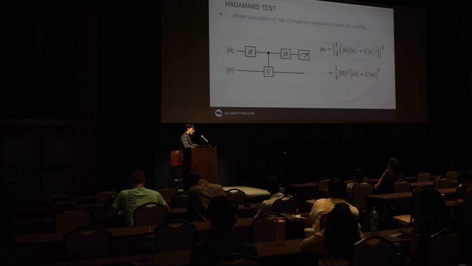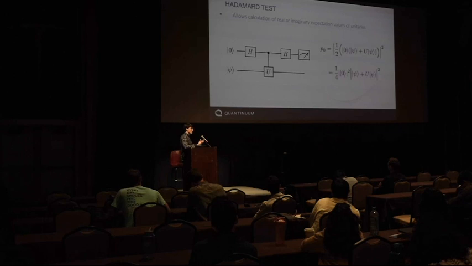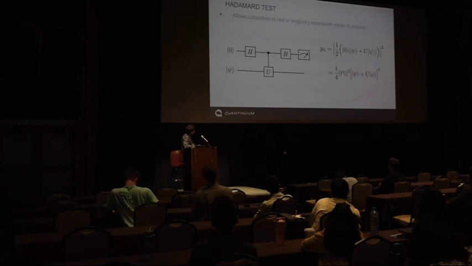Now we have to measure. Measurement you can represent as this kind of Born probability, the squared probability amplitude. If we're just measuring the 0, this 0 here is just going to be 1. We square the half, and that goes to a quarter.